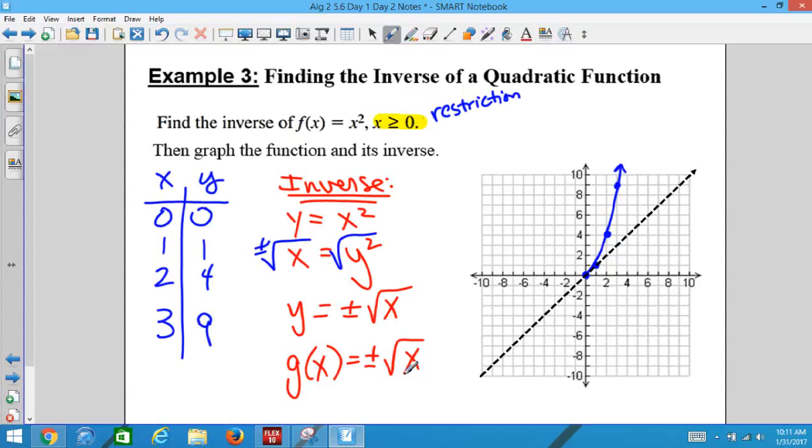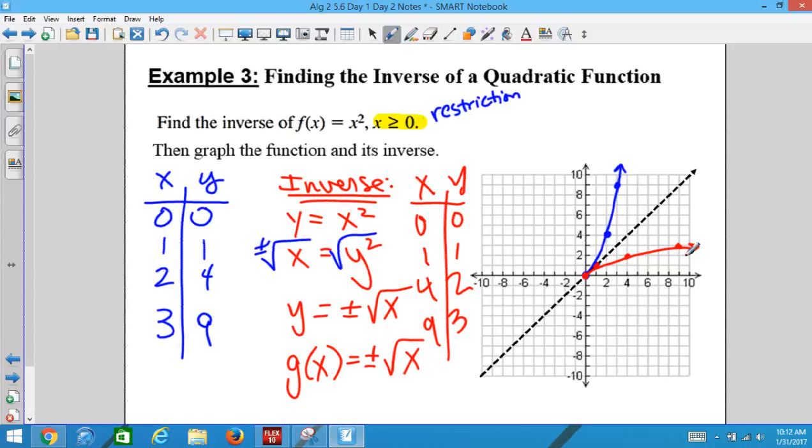So my inverse ordered pairs are going to be 0, 0, 1, 1, then what? 4, 2. 9, 3. So I'm going to graph those. That's where I use my two colors so we can see the difference between my regular function and my inverse function, so you can organize.